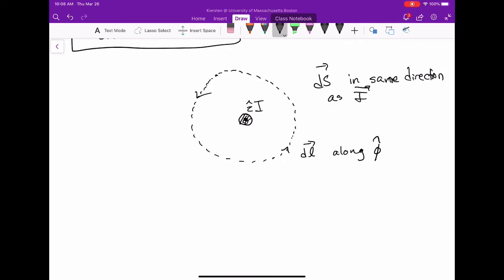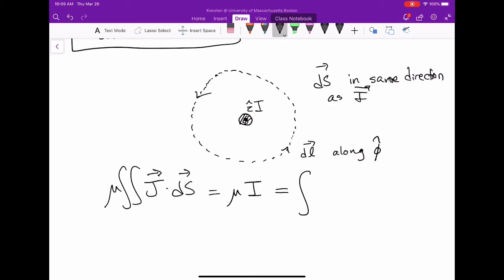So this integral works out to be really simple because the current flowing through the surface was given to us at the beginning. It's just I, so the left-hand side of Ampere's law works out to mu I. And that is equal to this contour integral of B dot dl around the boundary of our Amperian contour.